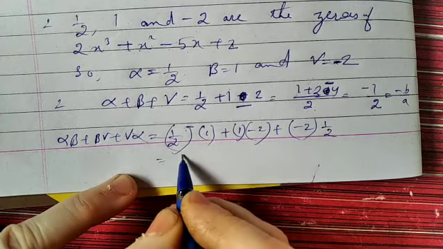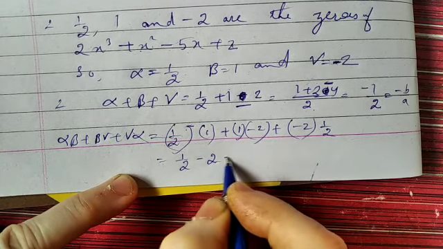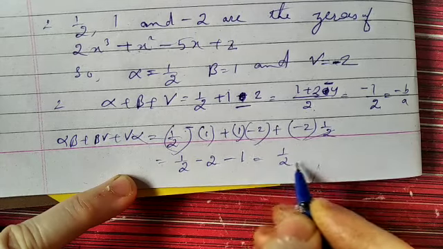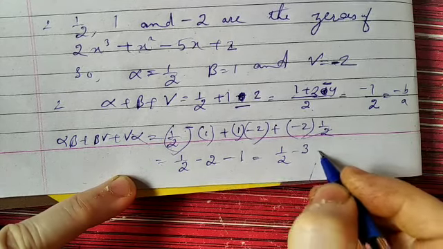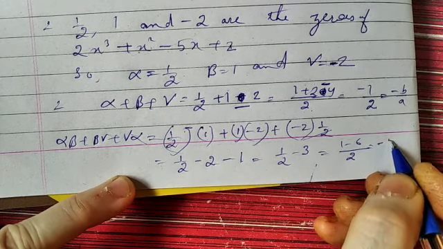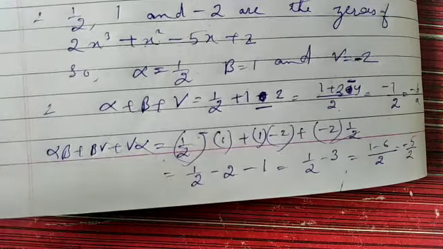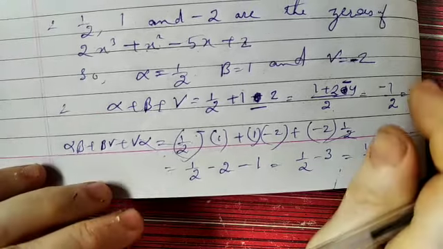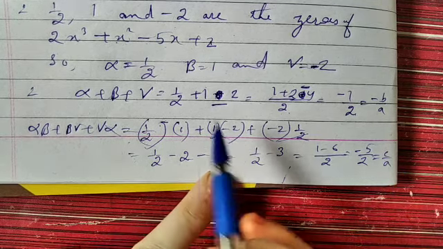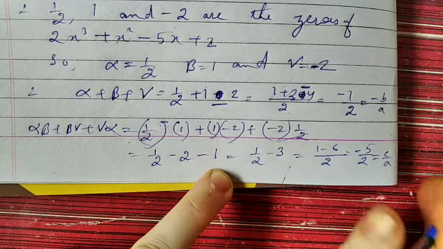If we multiply, we will get 1 by 2 minus 2 and minus 1, so it will be 1 by 2 minus 3, that is (1 minus 6) by 2, which is -5 by 2. By the formula this is equal to c by a, and c is -5 and a is 2, so it's verified.